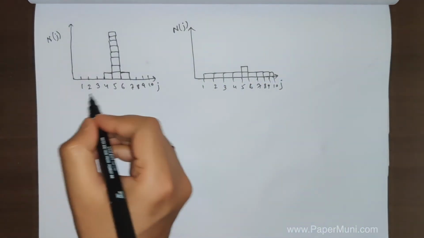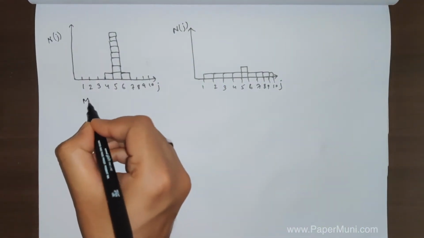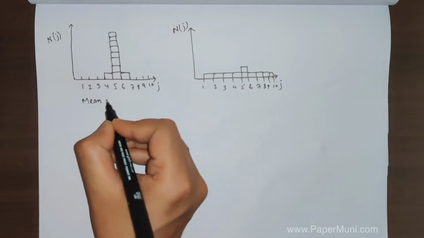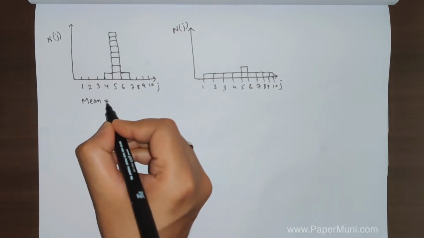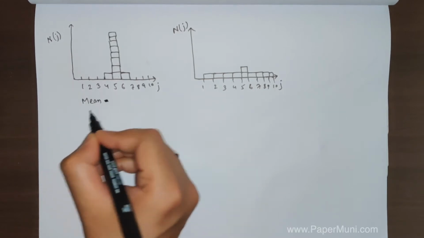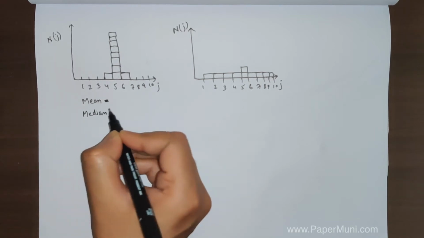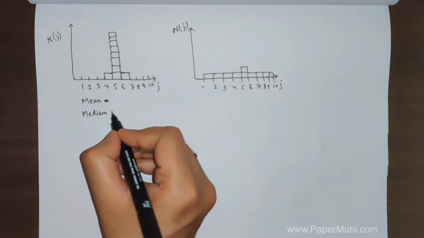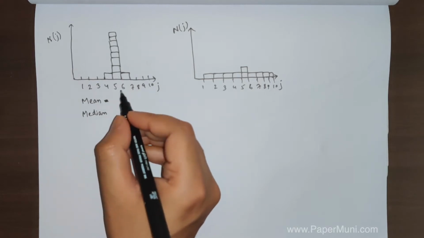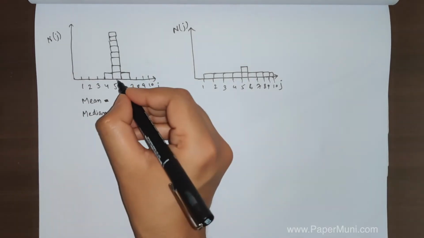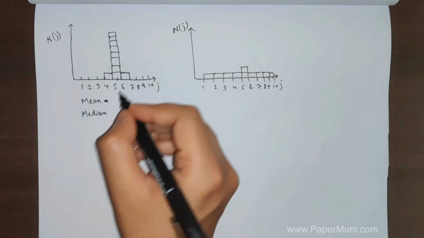You can see the average, the mean, is the same, and the median is the same. The median in this case is 5, right? And the most probable value is between 5 and 6, so we can say 5.5.